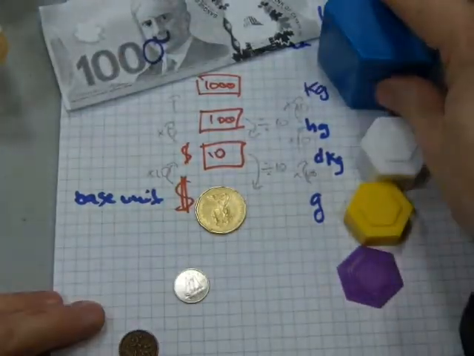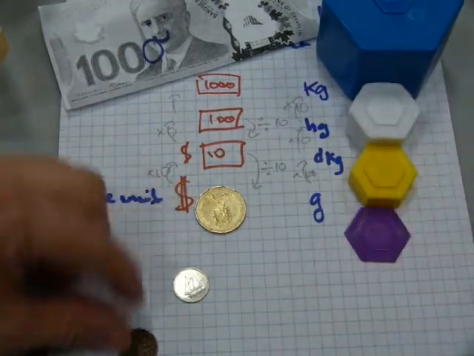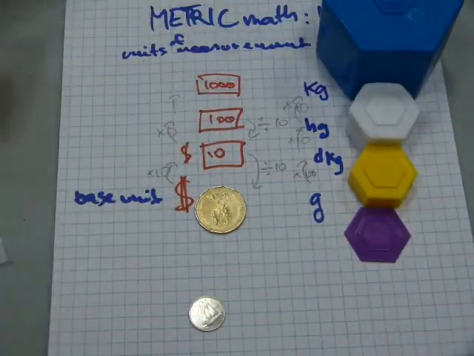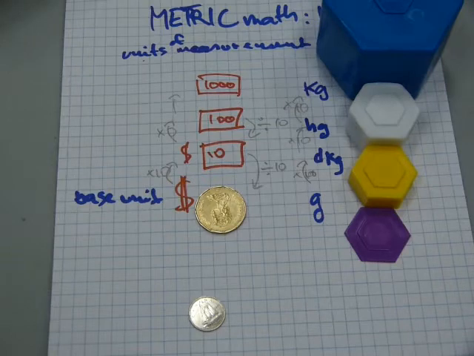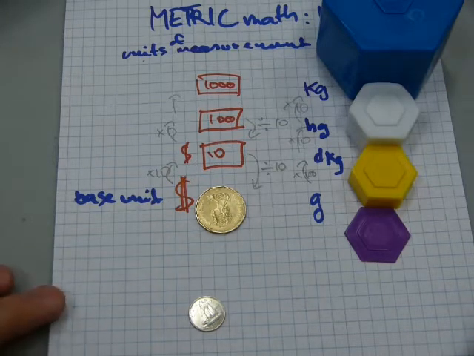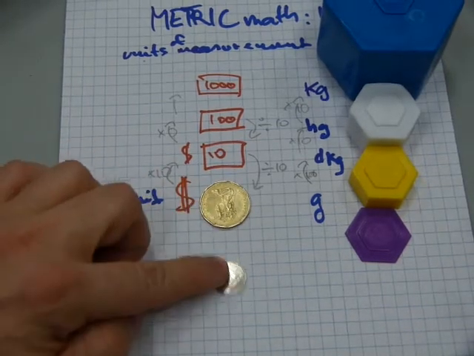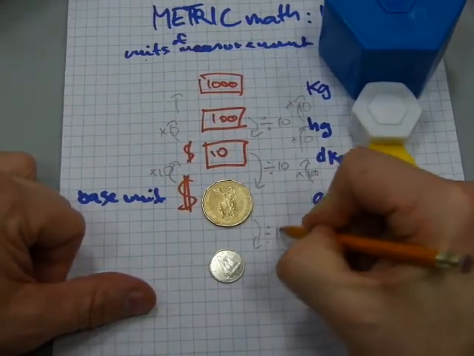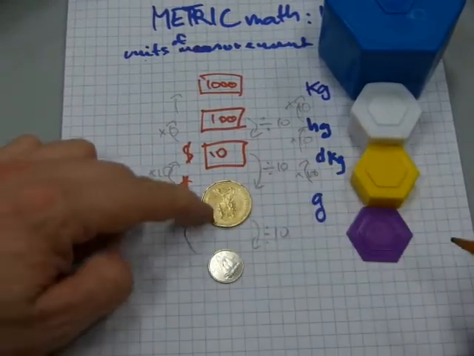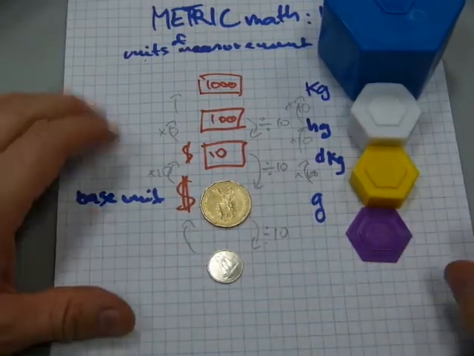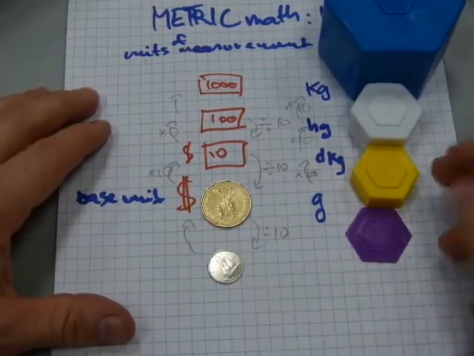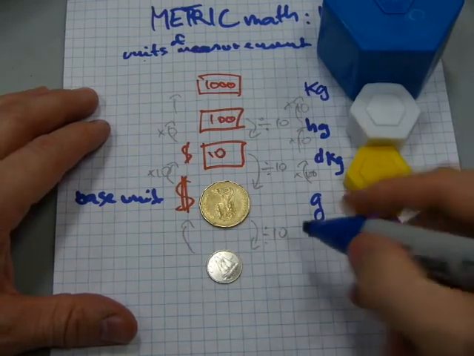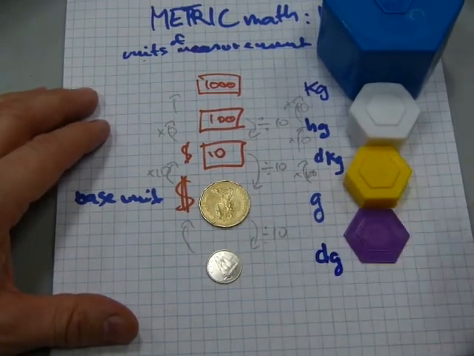Now, we also have smaller units that are represented by these smaller coins. And we know that a dollar exchanges for 10 dimes. So we can divide a dollar into 10 dimes equally. Likewise, 1 gram also divides into a decigram.